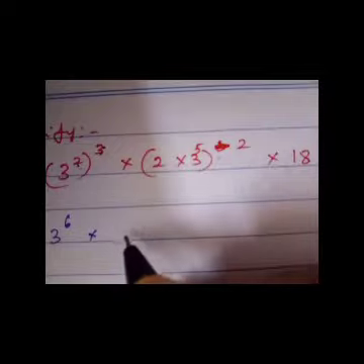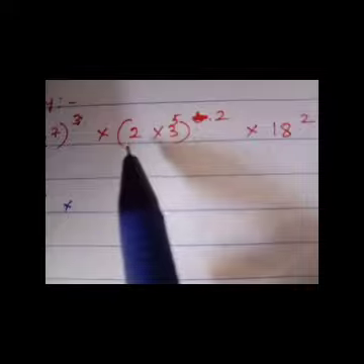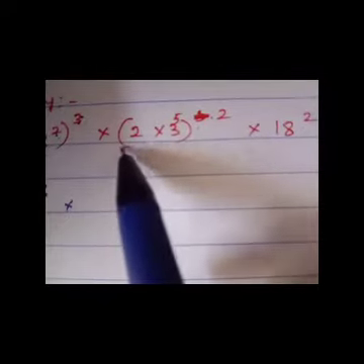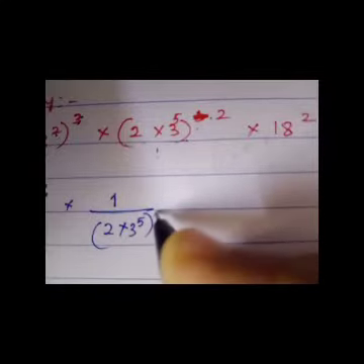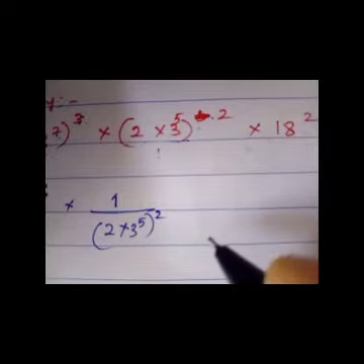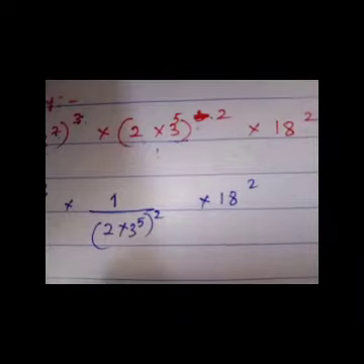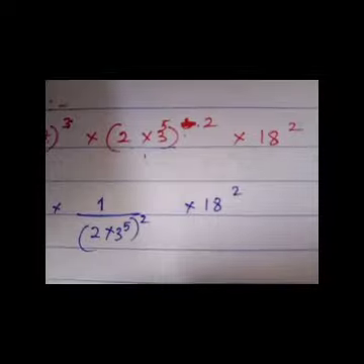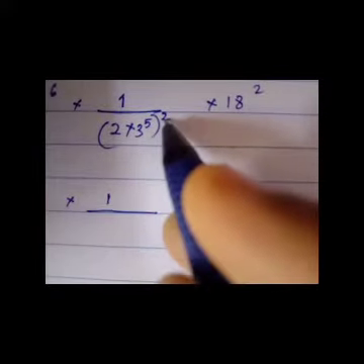Into, as the power is negative, what you have to do, take the multiplicative inverse, that is 1/(2 into 3)^2 into 18 by 18^2, which is equal to 3^6 into 1 by, here the whole power 2 they have given.